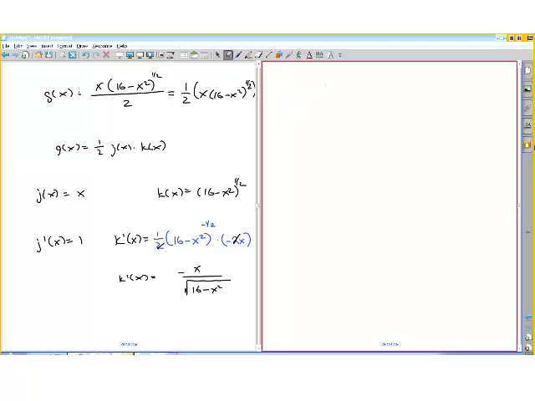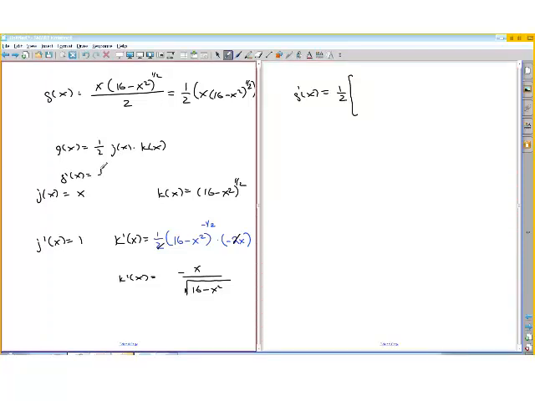So now let's plug in. Actually, g prime of x, I have to take the derivative. So g prime of x is equal to 1/2 times j of x times k prime of x plus j prime of x times k of x. That's the product rule for these two terms. Let's plug them in.